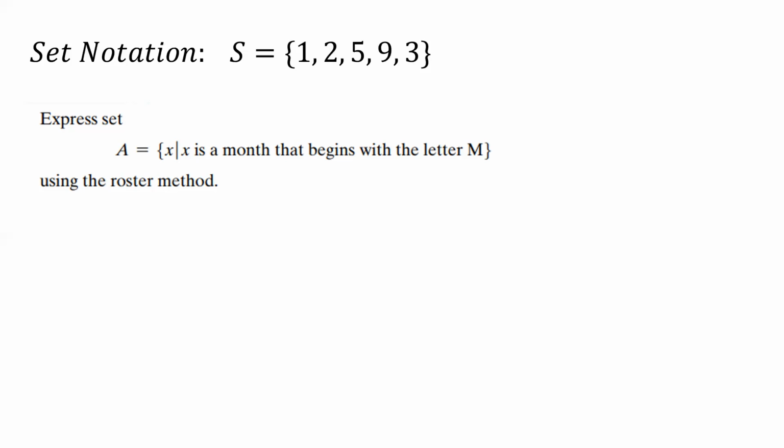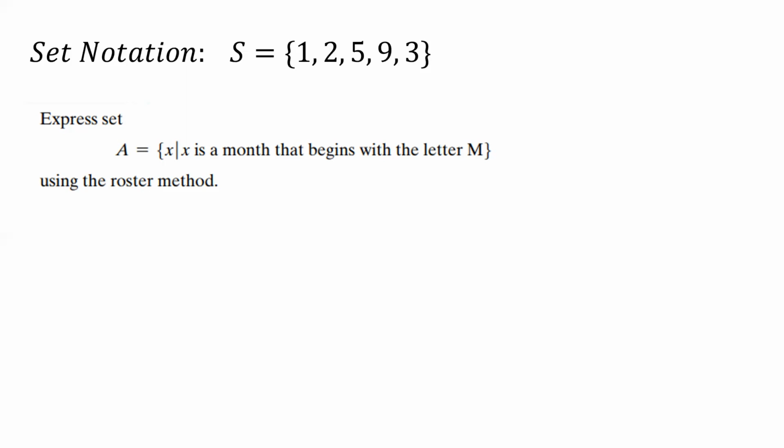Sometimes if the pattern isn't super evident, we have to explicitly write what the pattern is of our set. Here it's called, I think, the roster method, and I've heard set builder notation. But essentially it boils down to: we have brackets, we're talking about our set.